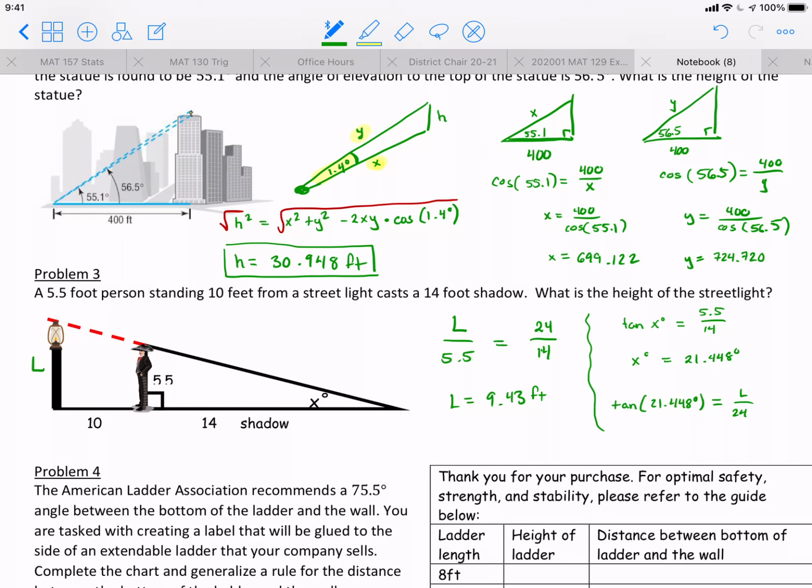So you get the same answer, 9.43. Obviously, the similar triangles is easier.